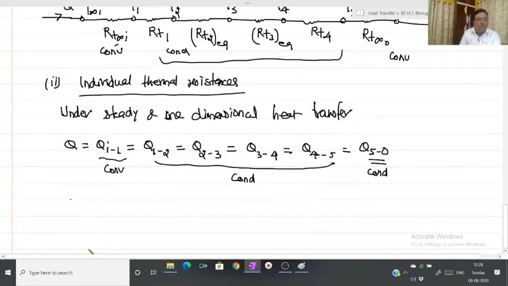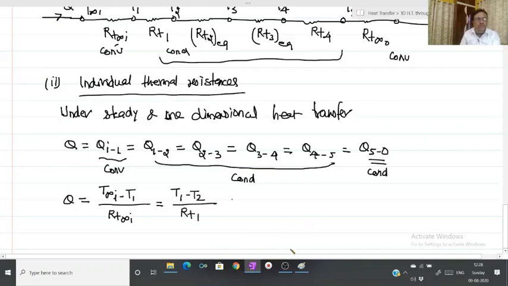So Q, in terms of temperature difference, I can write as T infinity I minus T1 over RT infinity I, is equal to T1 minus T2 over RT1. Q23 is the rate of heat transfer through the second slab consisting of 3 different slab materials.